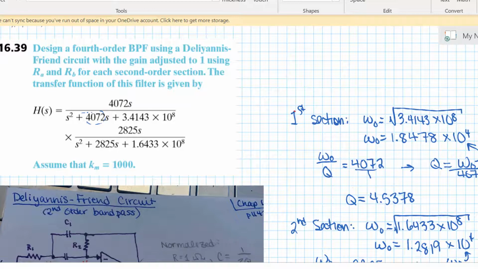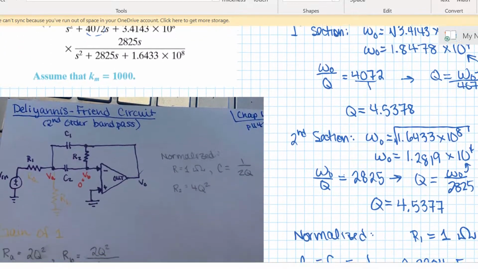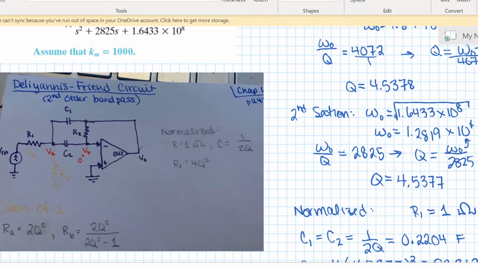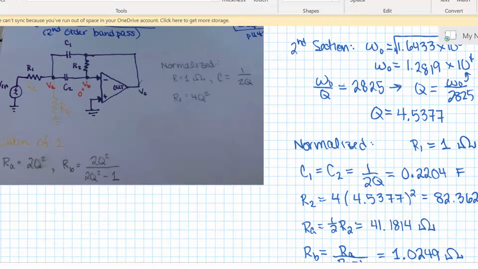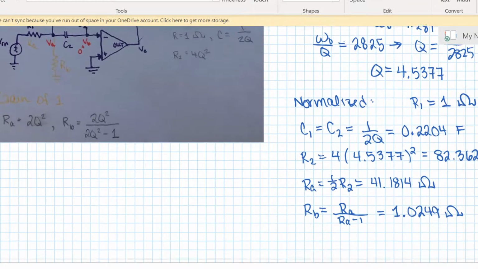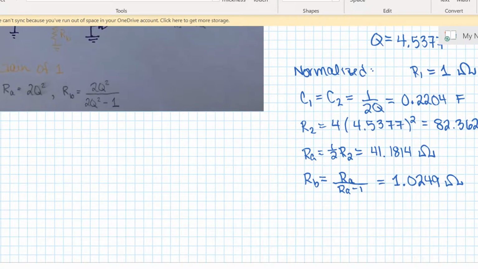The Q was the same for both sections, so for the normalized part, they should all be the same.